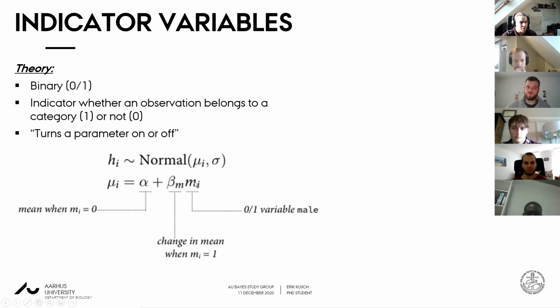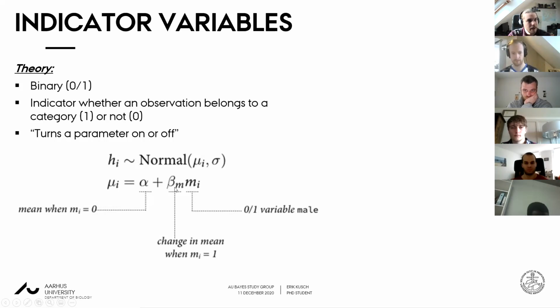Because whatever m tells us, and I think m is mass, h is height. So this is height as a product of mass with a parameter dependent on your sex. So you only really estimate the means for males and females. The male height would be given by alpha and beta_m, whereas the female height would be given only by alpha, because beta_m would be 0 in that case.